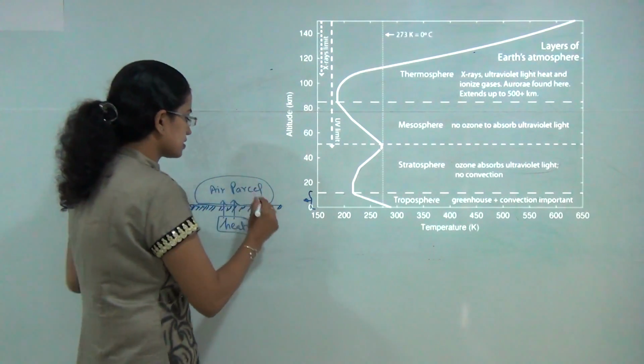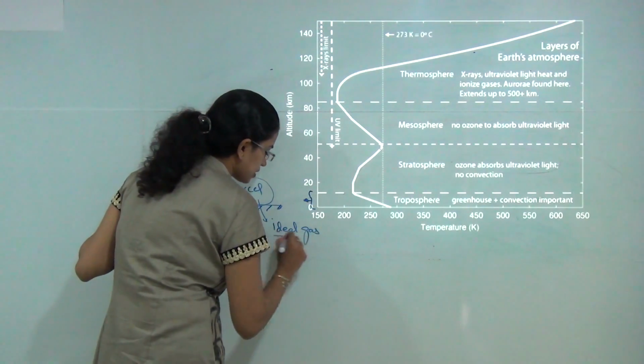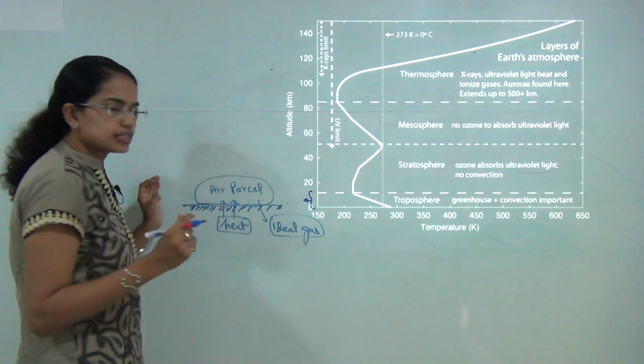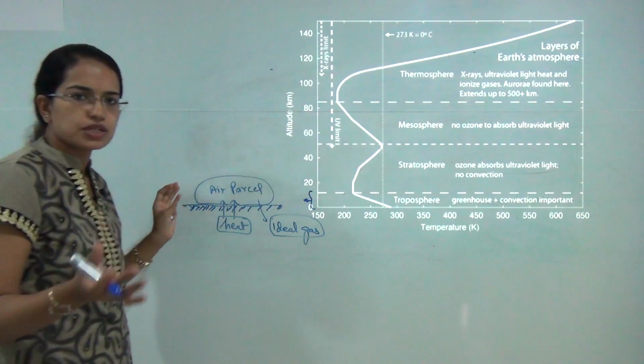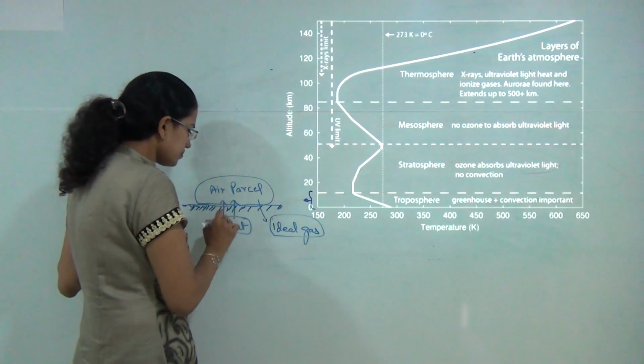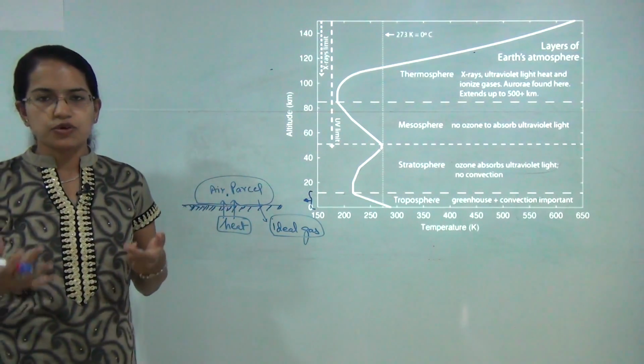So I can say this air mass could be considered as a case of ideal gas, and it is a adiabatic process with no heat exchange taking place from the surrounding atmosphere.